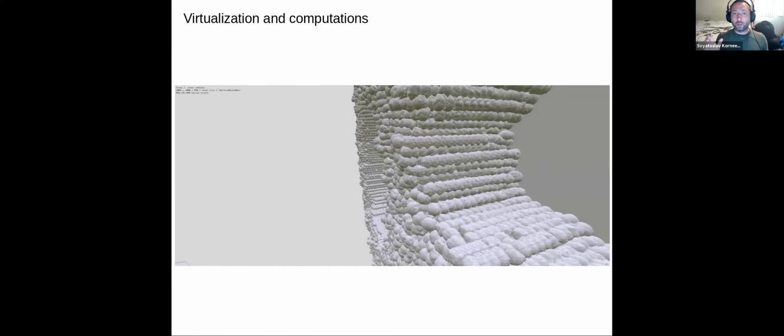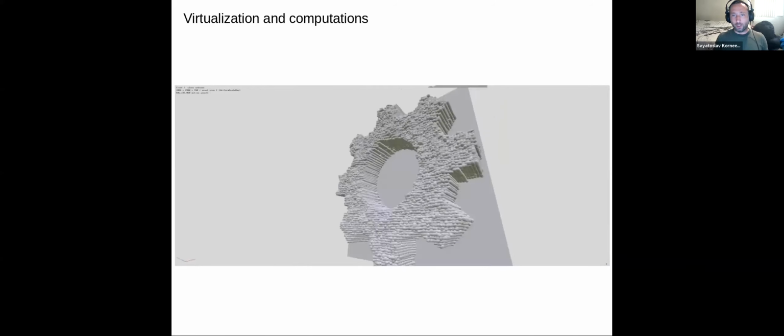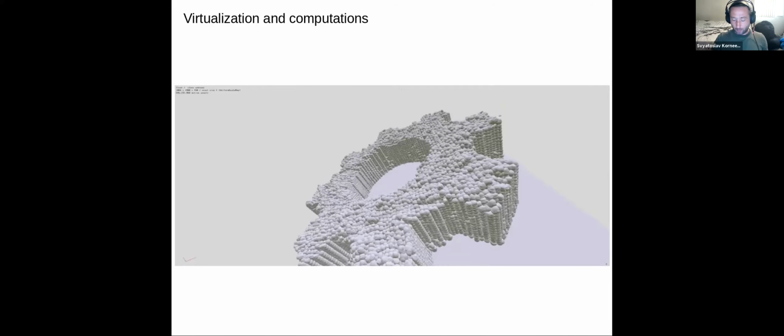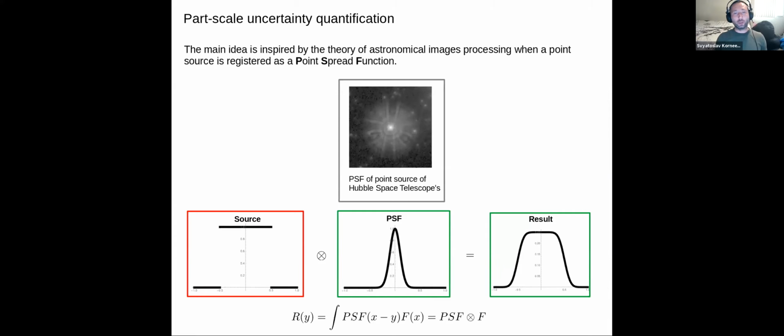Now we come to the question of how to quantify the part scale uncertainty, and the answer comes from astronomical image processing, particularly the concept of the point spread function. Astronomers found that a point source actually doesn't look like a point source on a photon detector.